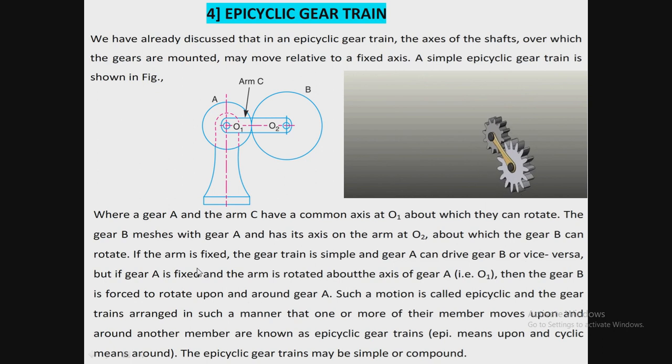There are two types: one is the simple epicyclic gear train and the other is the compound epicyclic gear train. The figure shown is a simple epicyclic gear train, in which there is only one gear on each shaft.